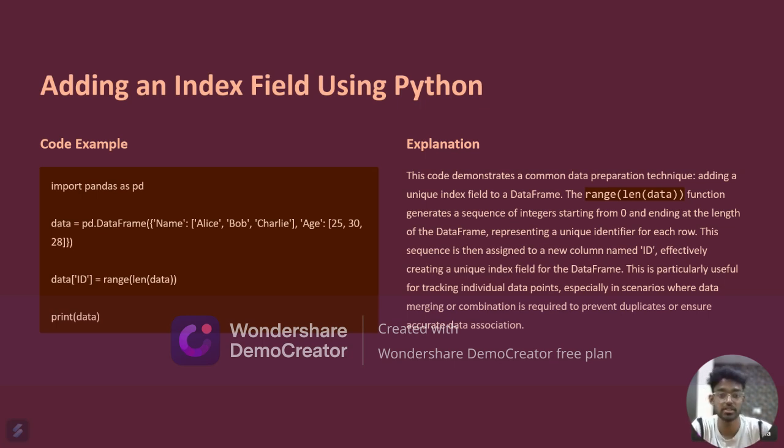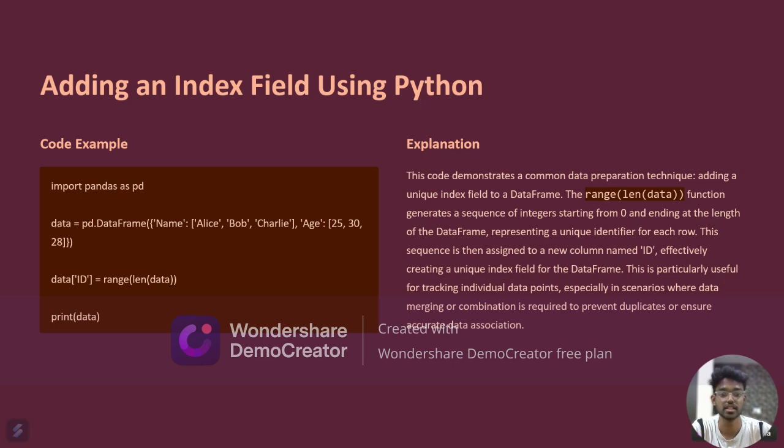Now, this code demonstrates a common data preparation technique, adding a unique index field to a data frame. The range(len(data)) function generates a sequence of integers starting from 0 and ending at the length of the data frame, representing a unique identifier for each row.